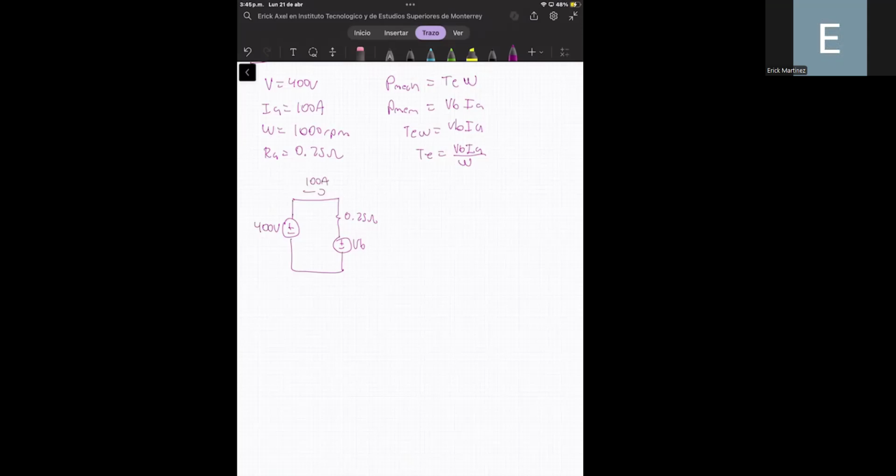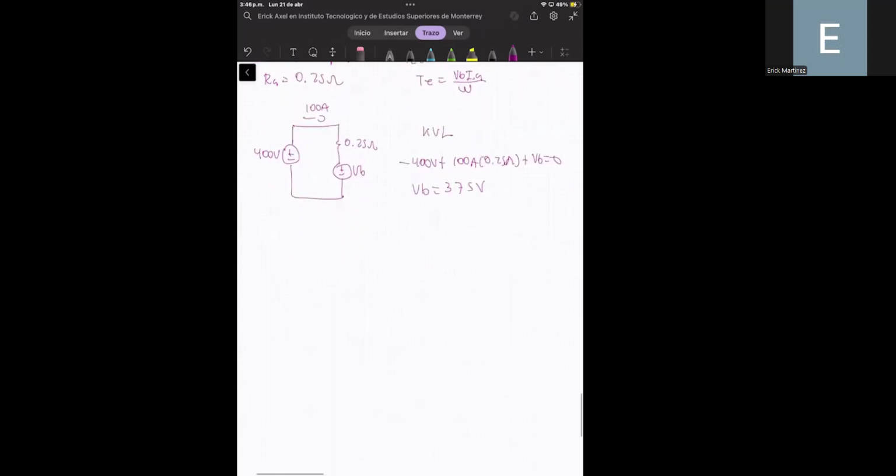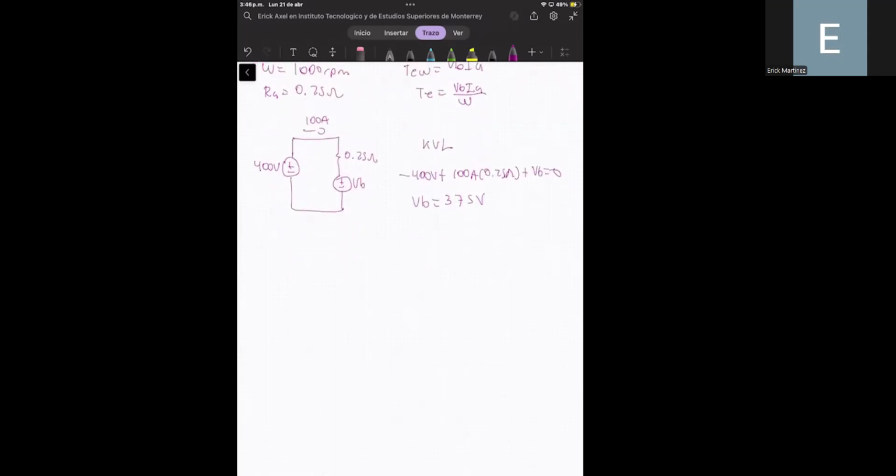So based on this data, we can apply the Kirchhoff voltage law to this loop, and you will obtain minus 400 volts plus 100 amperes times the resistance of the armature, plus the back EMF voltage, and this is equal to 0. So the back EMF voltage is 375 volts.